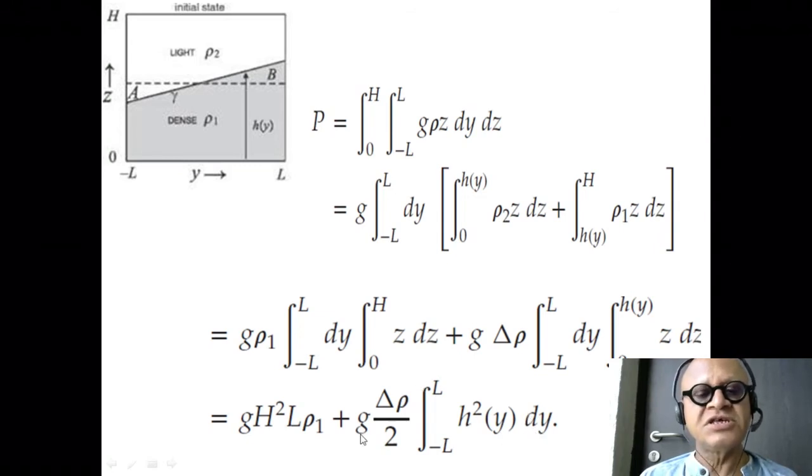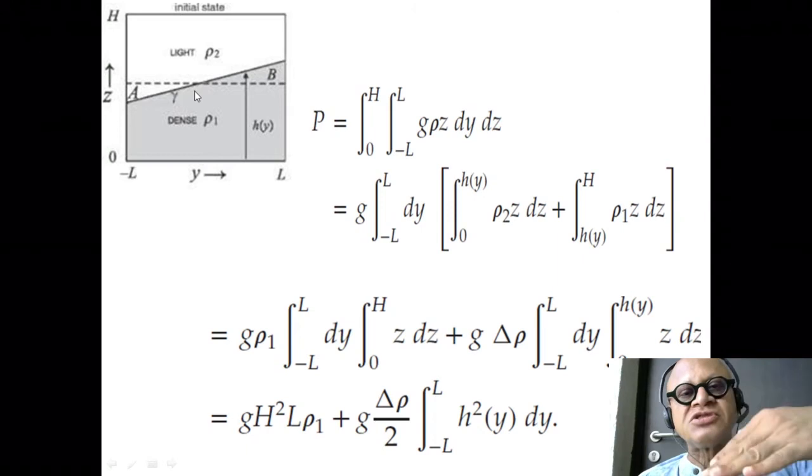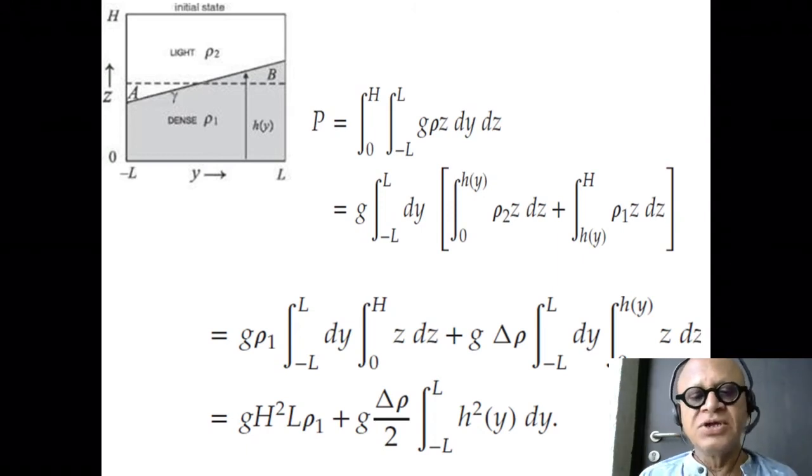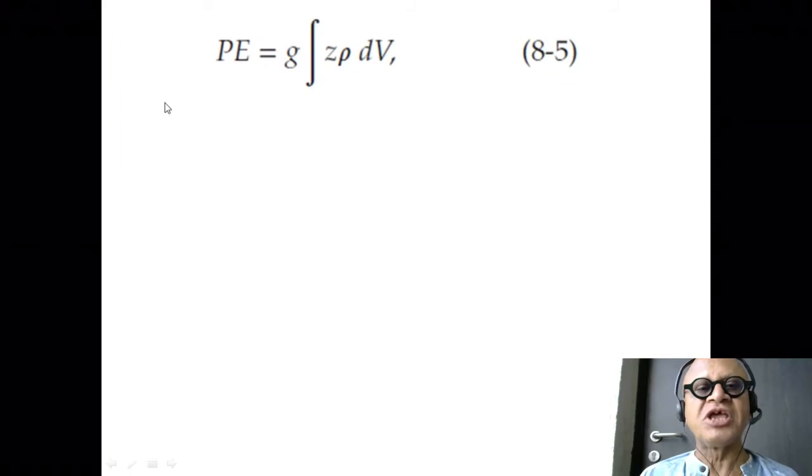This is the perturbation to the potential energy when you move the equilibrium interface. You tilt it this way or that way, it doesn't matter. You create an additional source of potential energy. And g h squared L rho 1 is basically the base potential energy.